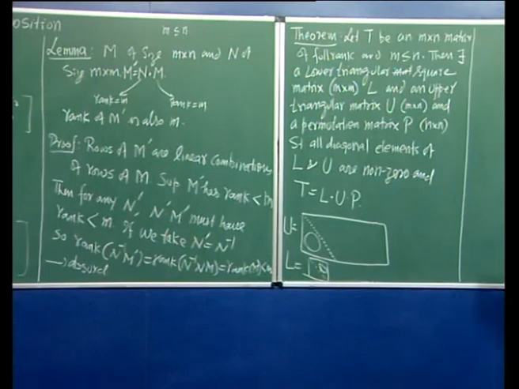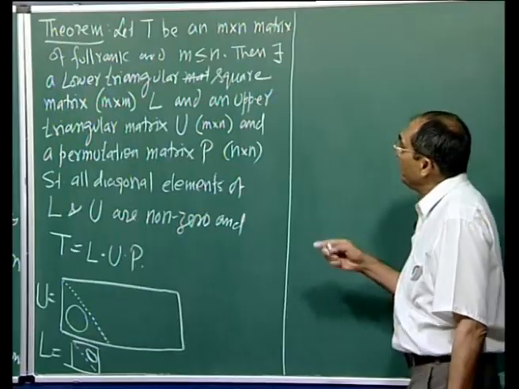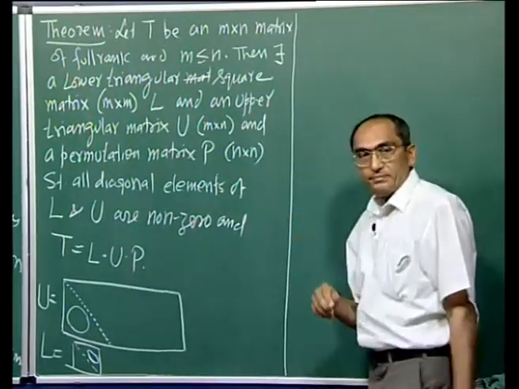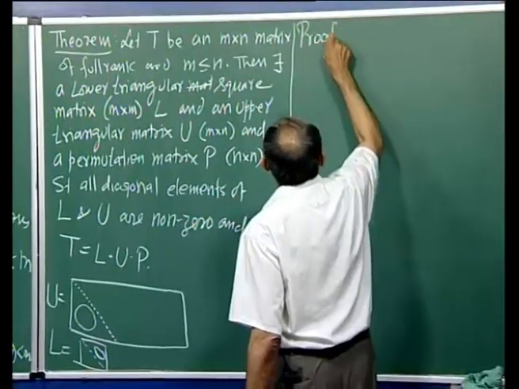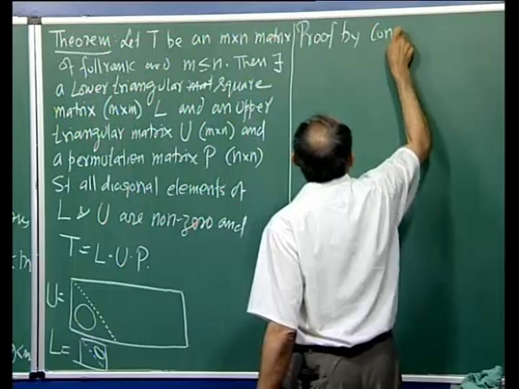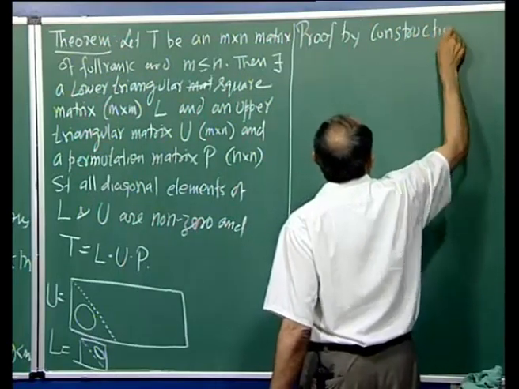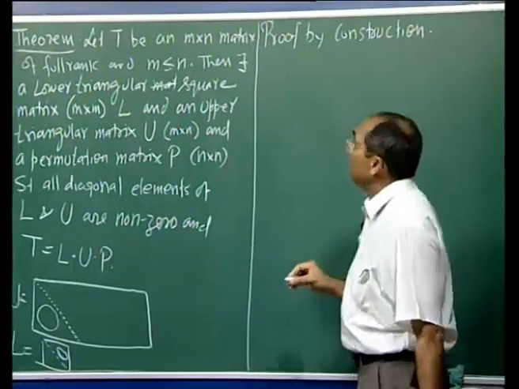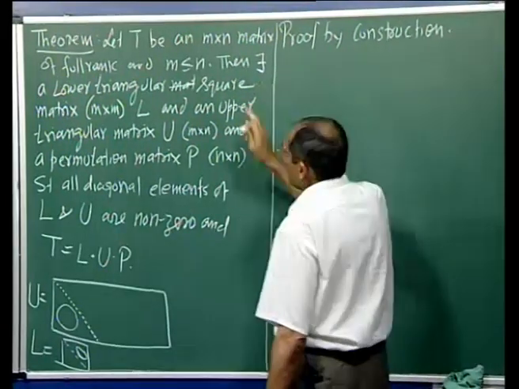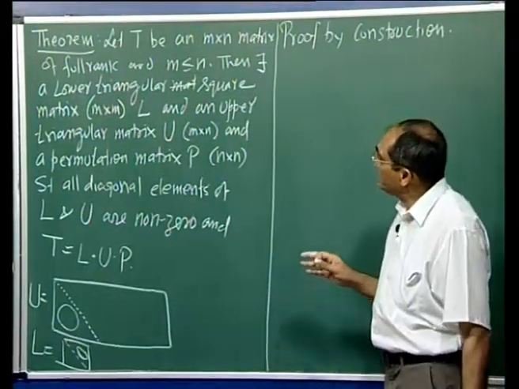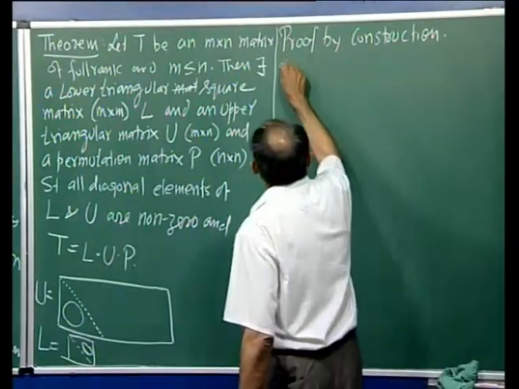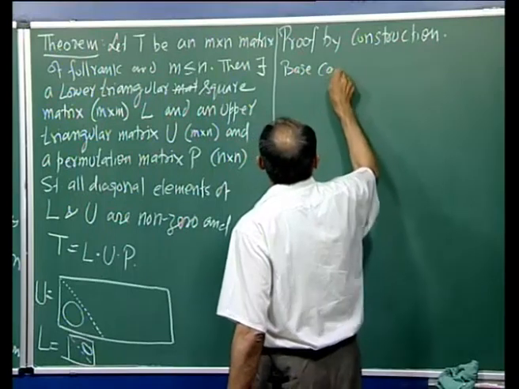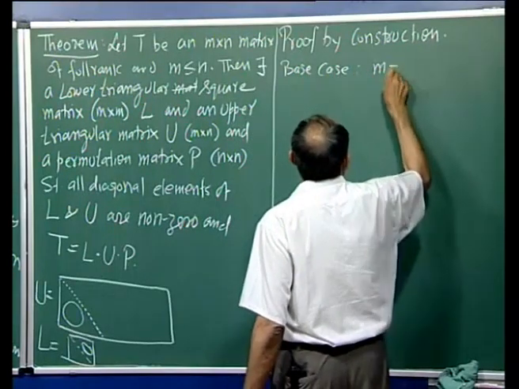Now, the base case will be when m is 1. So, let us say proof by construction. We will use recursion in construction, and our base case is when m is equal to 1.